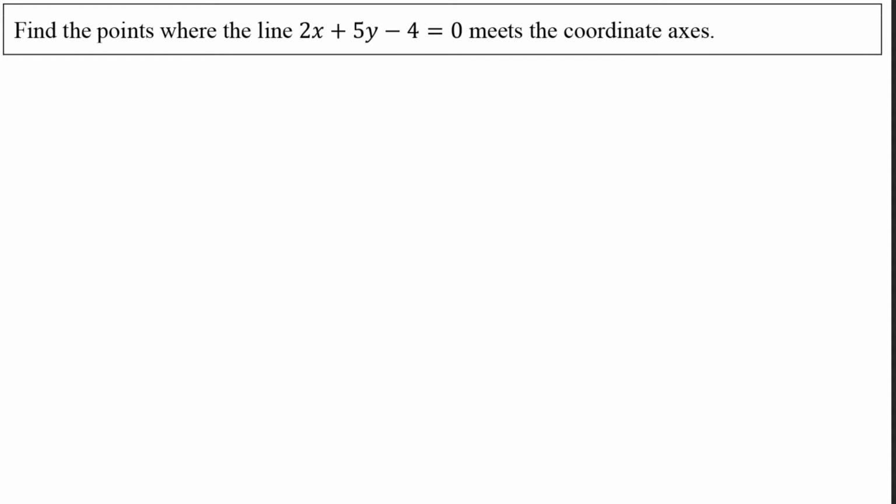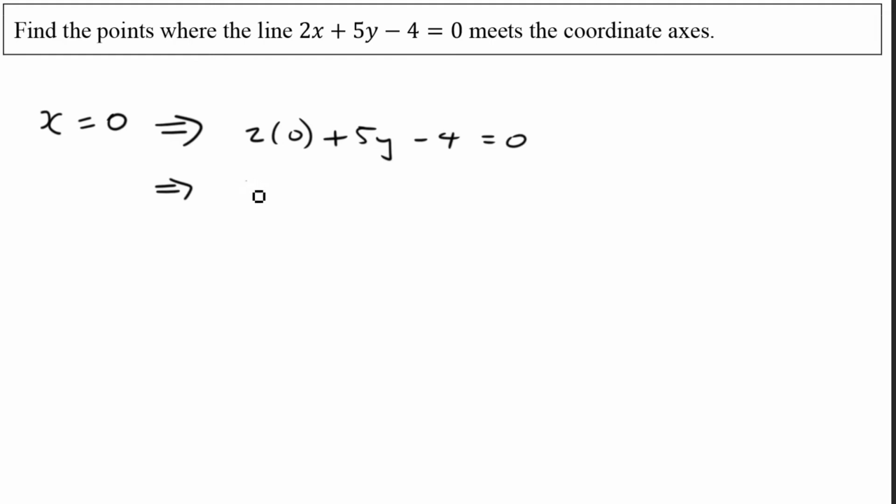Well, if a line cuts through the y-axis, that's at the point where x is 0. So we can just see what happens when x is 0. If x is 0, that means that 2 lots of 0 plus 5y minus 4 is 0.